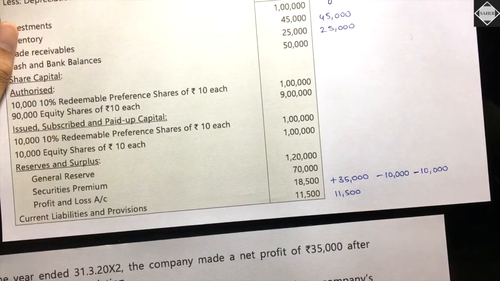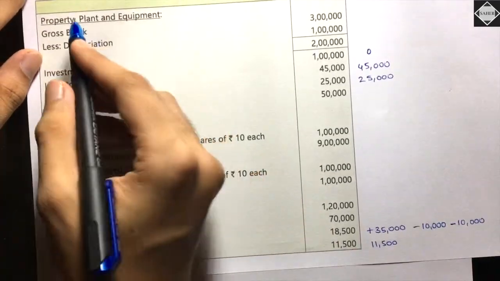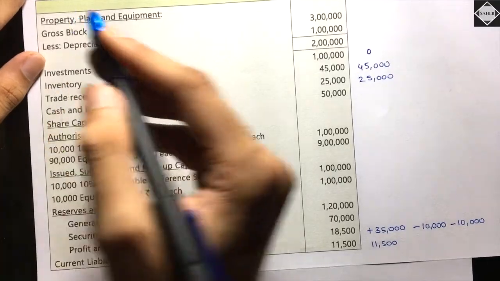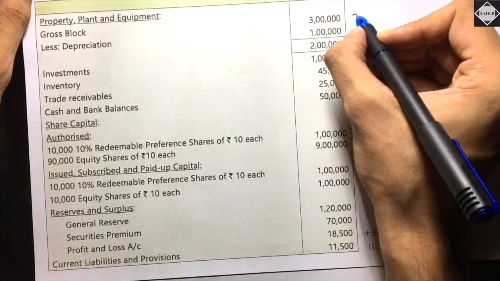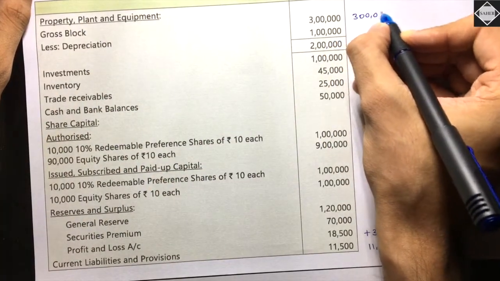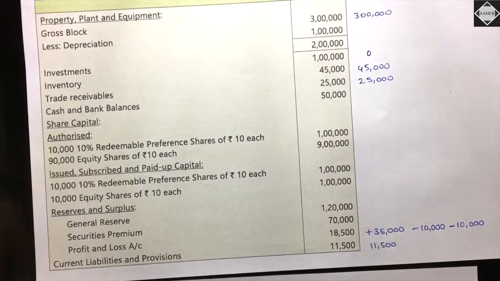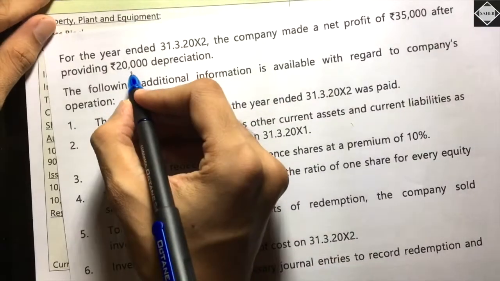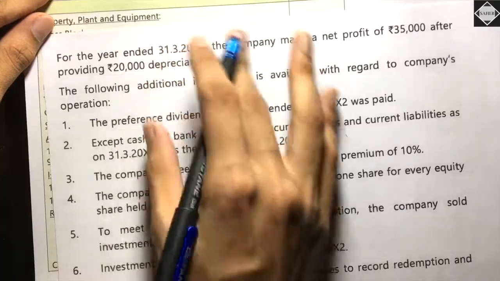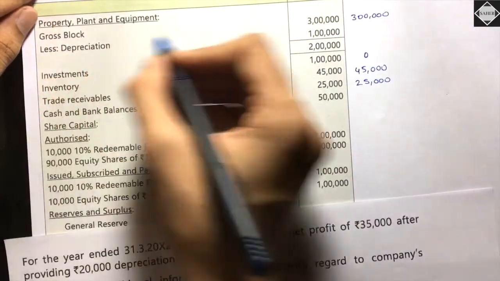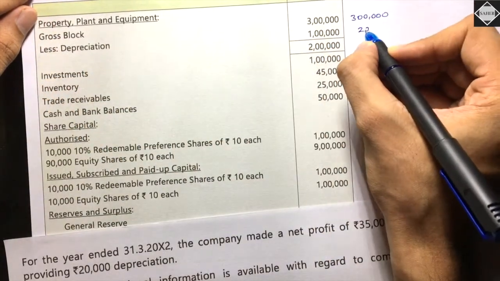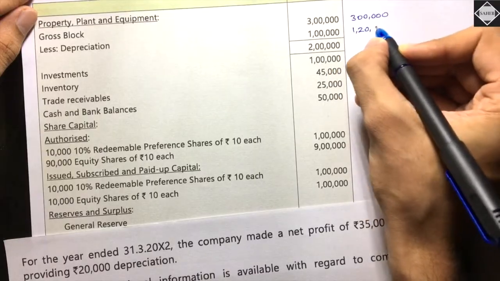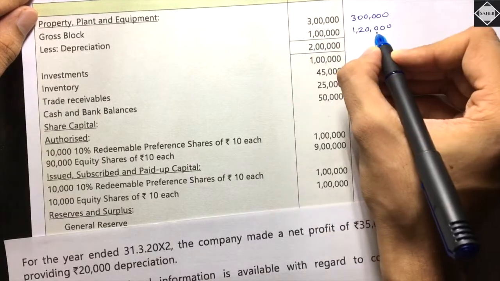Is it clear? Simple. And then of course there is a change in property, plant and equipment also. Property, plant and equipment was 3 lakh. And then what happened? How much depreciation was there? Depreciation of 20,000. So this depreciation, you will add to the accumulated depreciation. This will become 1,20,000, from 1 lakh it will become 1,20,000.